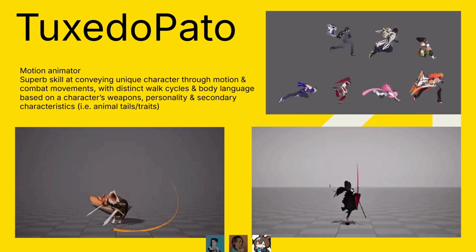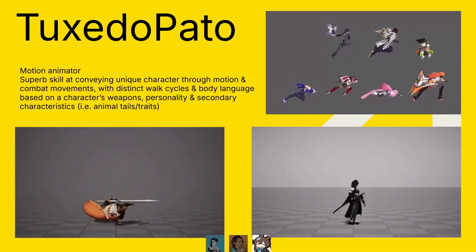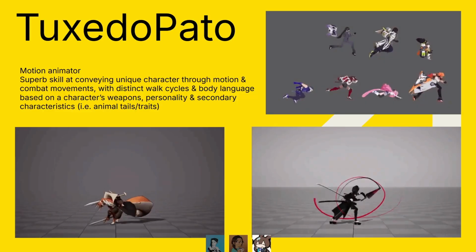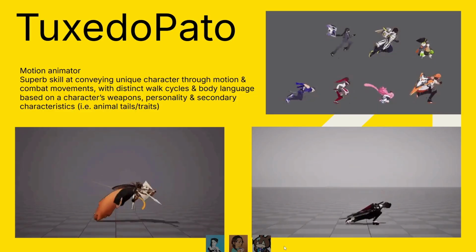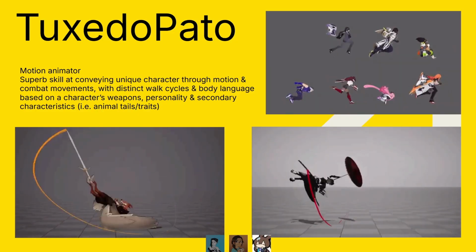And then TuxedoPato, I would call them a motion animator. I wouldn't know what you would call them specifically, but what I would call a motion animator is someone whose job is to help conceptualize how a specific character moves.